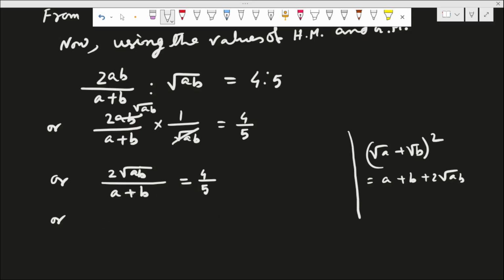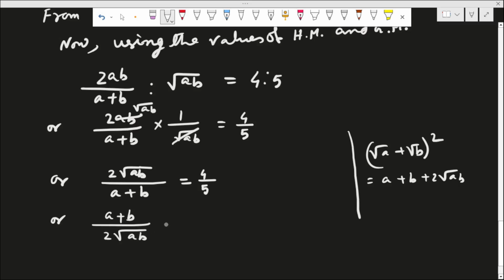So first taking the reciprocal of both sides, A plus B by 2 root AB is equal to 5 by 4.